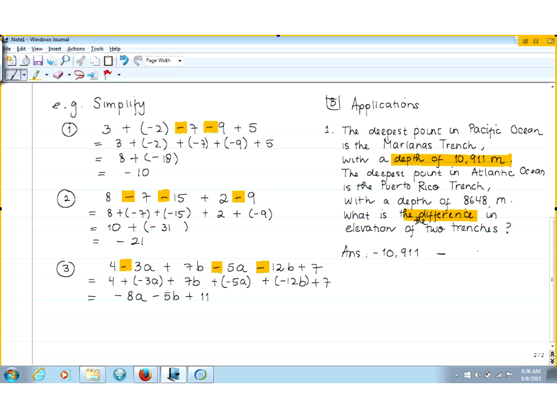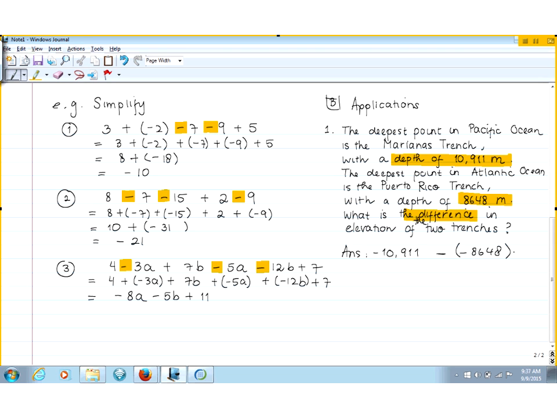Is this below the sea or above the sea? Below. So we represent it using a negative number. So this is negative 8648. And I'm missing something.